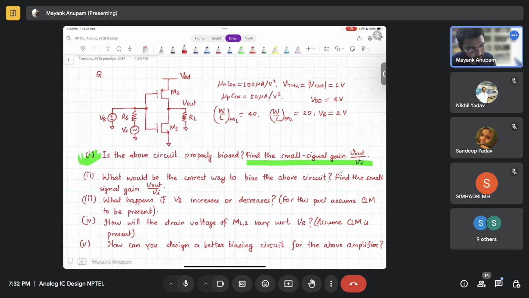Biasing has something to do with DC, and it is done to make sure that small signal parameters are what you desire. So basically a biasing circuit should not disturb the small signal performance. Getting my point? A biasing circuit should not disturb the small signal performance. So tell me something, is this circuit properly biased here?